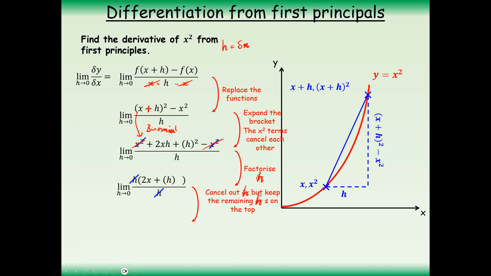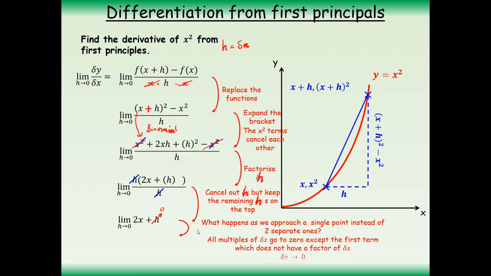So now we've got this expression, 2x plus h, and we can see that h is approaching 0, so the final answer will be just 2x. As I said, on top of the page I've written delta x everywhere, and I replaced it with h in our working out, so that's what I mean.